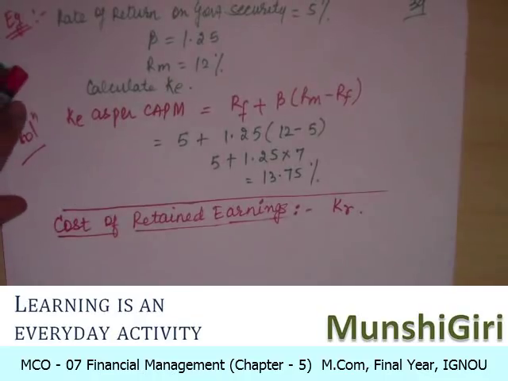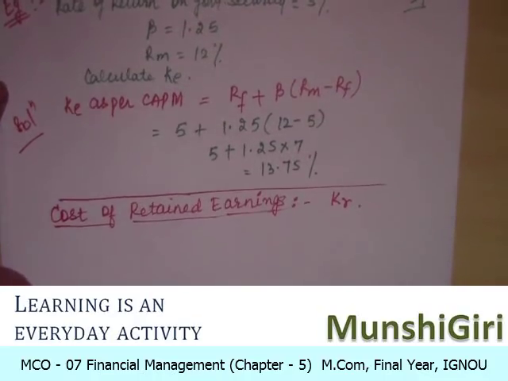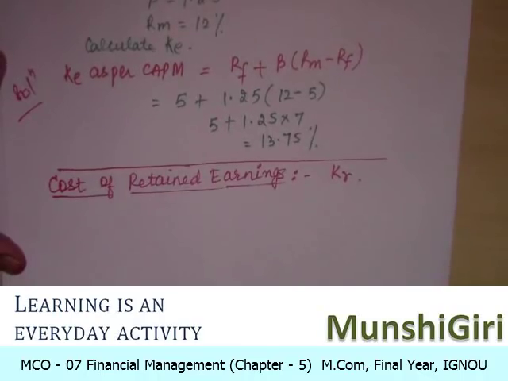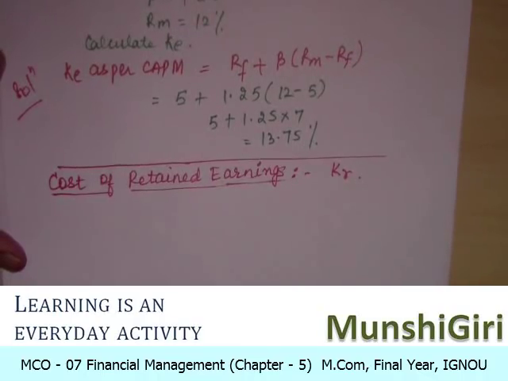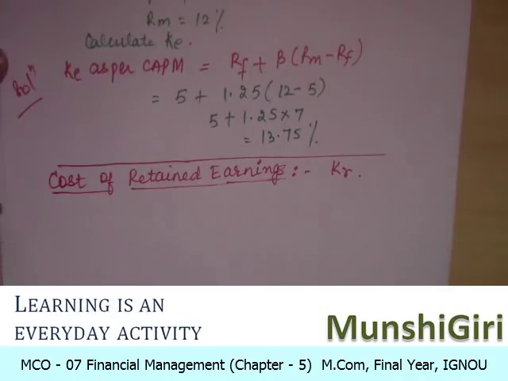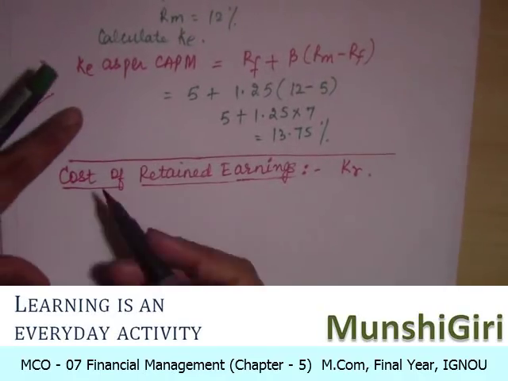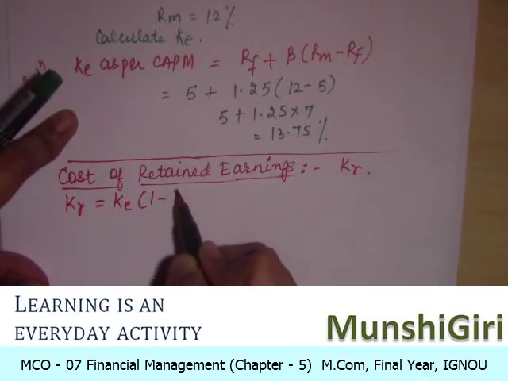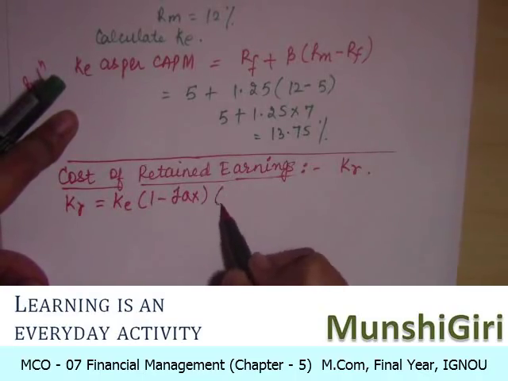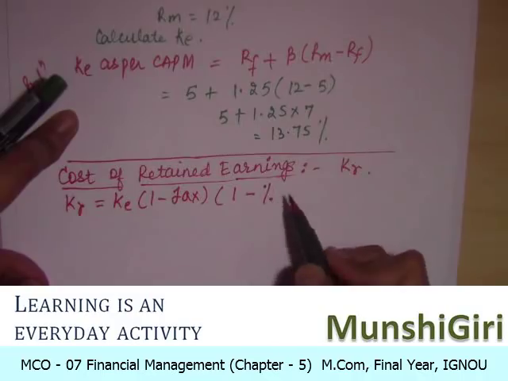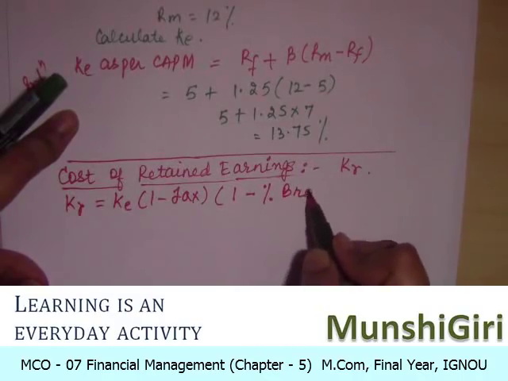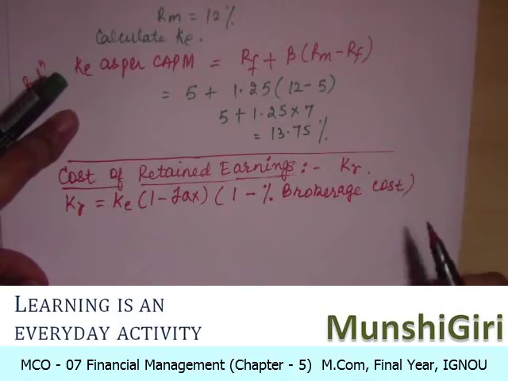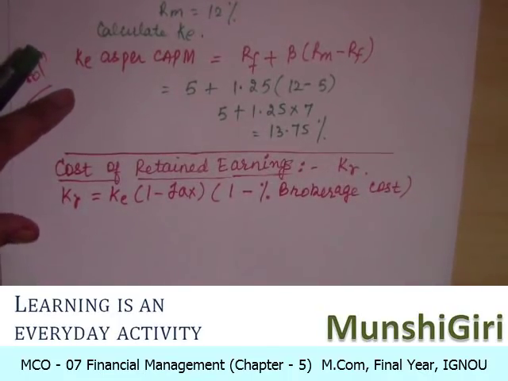It is an opportunity cost, as if the earnings are not retained in business and paid to shareholders, they could invest this money somewhere else and earn dividend or interest on this amount. So KR is equal to KE, 1 minus tax, 1 minus percentage brokerage cost. This is how you can calculate the cost of retained earnings.